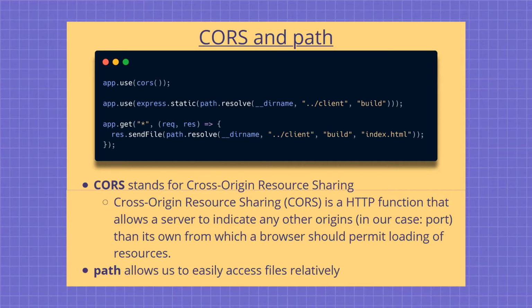So in this case, essentially what the issue is that we need some way to allow this resource sharing to occur. And that's what cors is used for. Simple as writing app.use(cors), which is another middleware. It alleviates that issue and allows us to communicate over those two mediums. And finally, path. Now, Rachel's going to get into a bit more detail in regards to this. I'm going to directly copy these lines into the chat.